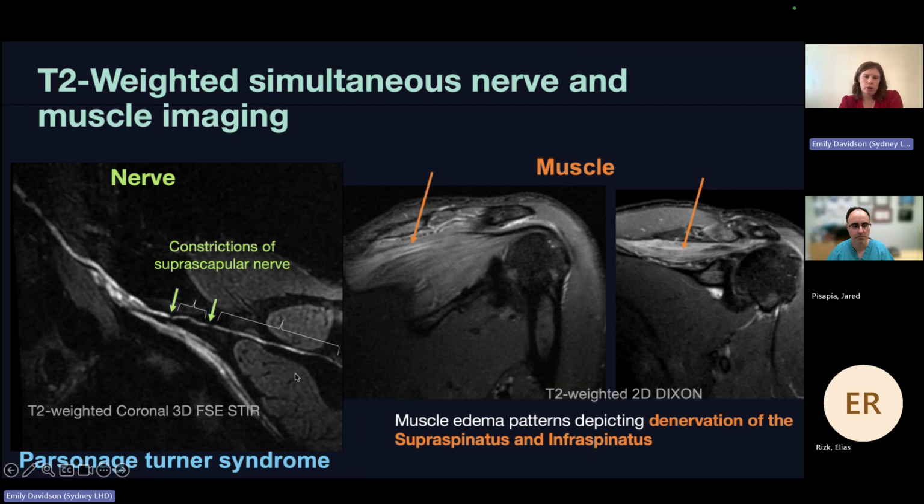On this longitudinal assessment, we can see that there are some focal gaps in the nerve architecture. And this is a pretty classic presentation of Parsonage-Turner syndrome, or brachial neuritis, or neuralgic amyotrophy, depending upon which term you want to use. These often affect young people, sometimes after minor trauma or infection.